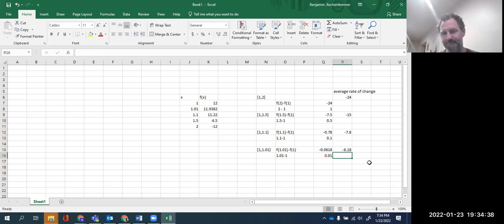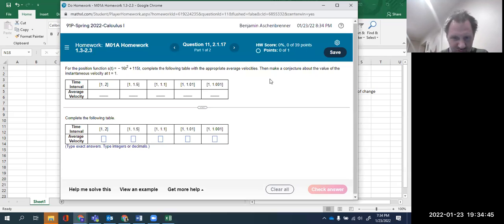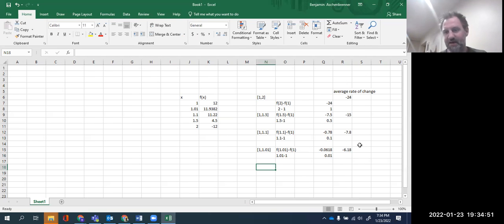The result is negative 6.18. If I went another iteration, and I think that's probably why they went all the way down to 1.1, 1.01, and 1.001, it's probably going to become more clear. My guess is it'll be clearer here at the end.